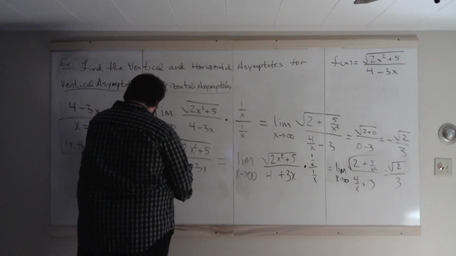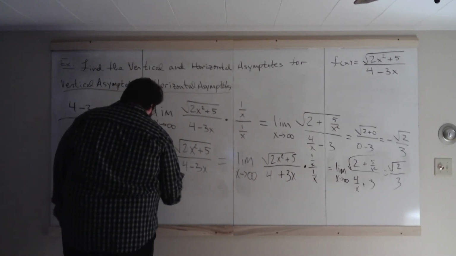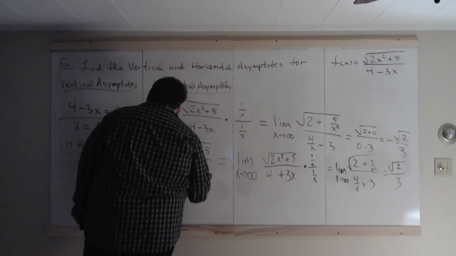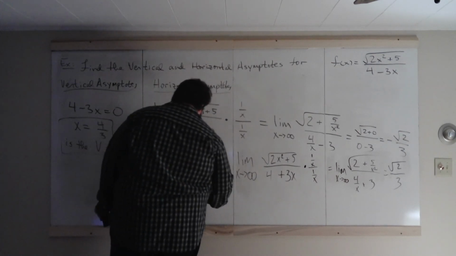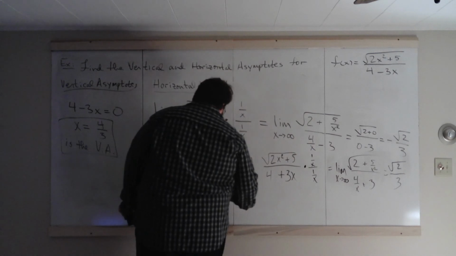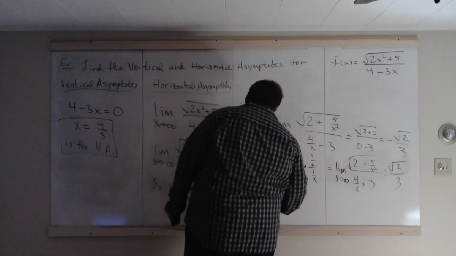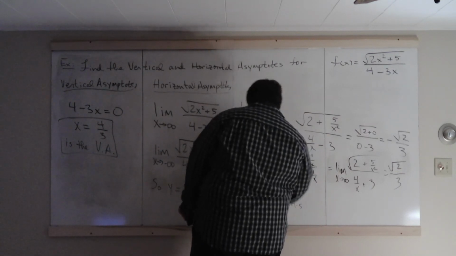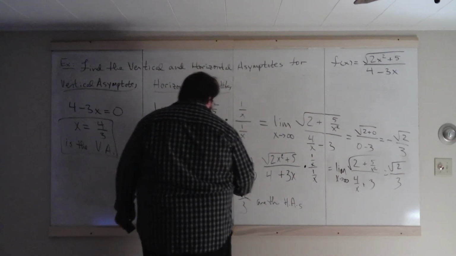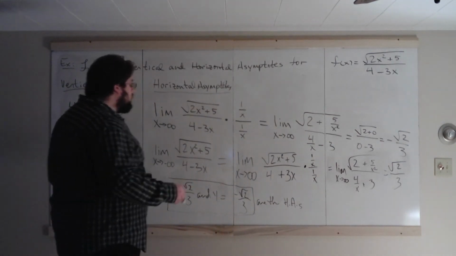So I'll say y equals root 2 over 3 and y equals negative root 2 over 3 are the horizontal asymptotes. So those two are the horizontal asymptotes.